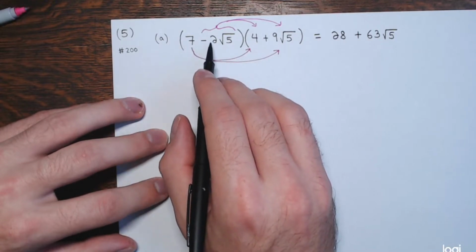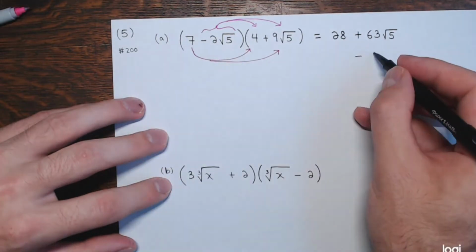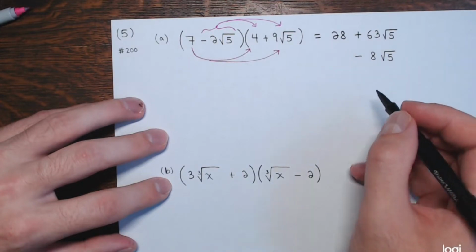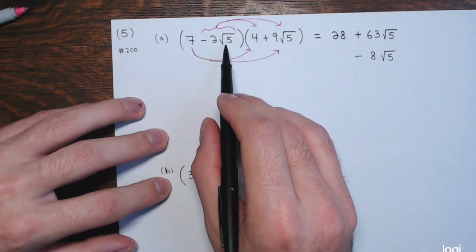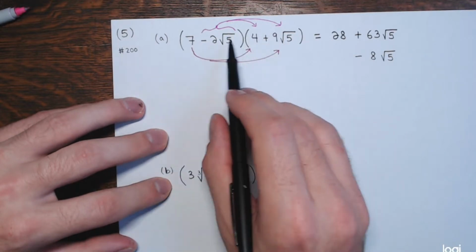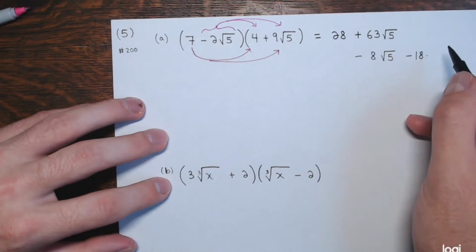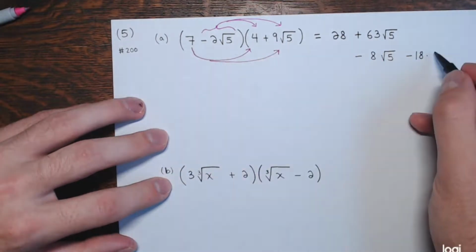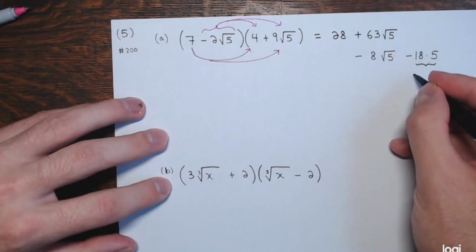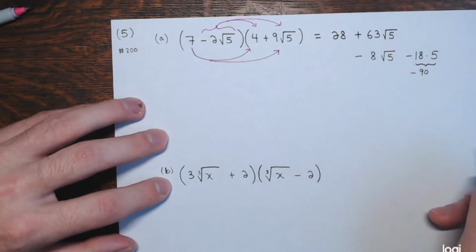Negative 2 times the square root of 5 times 4 would be negative 8 times the square root of 5. And then negative 2 times the square root of 5 times positive 9 times the square root of 5 would be negative 18 times the square root of 25. Right? Square root of 5 times square root of 5, so times 5. This negative 18 times 5 would be negative 90.